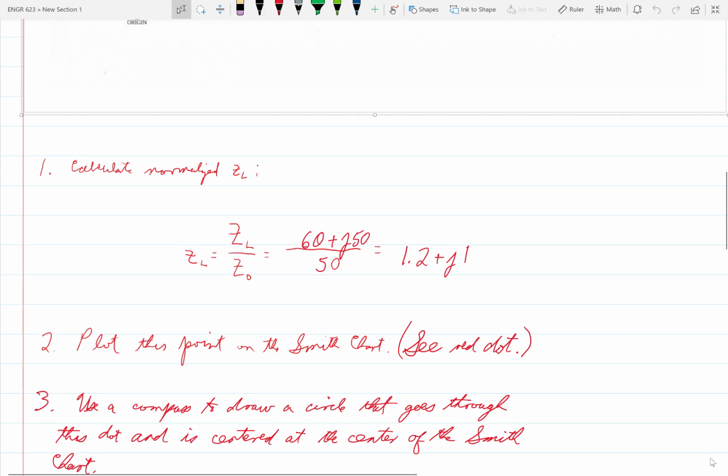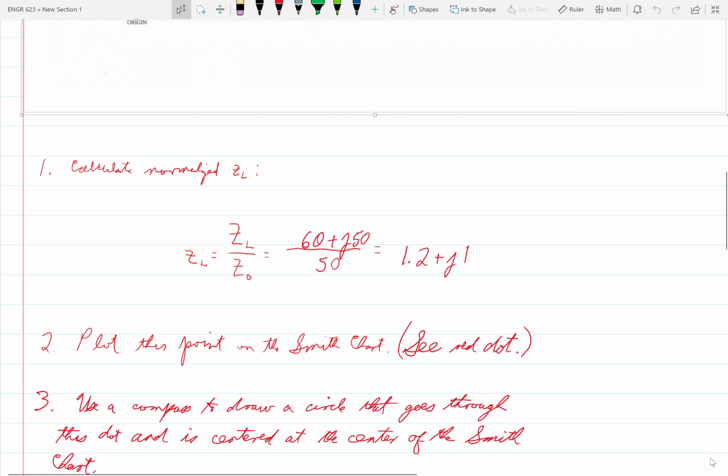Now, the problem actually says the following. It says, use the Smith chart to find the following quantities for the transmission line circuit shown in the accompanying figure.